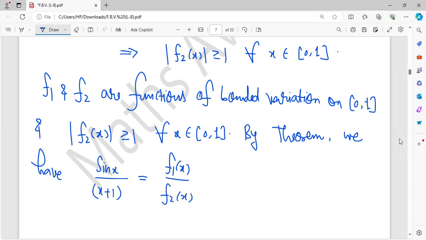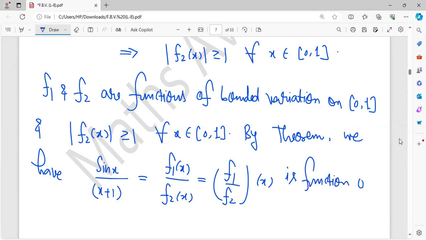That is f1 upon f2 (x) is a function of bounded variation on the closed interval 0, 1. So what does it mean?